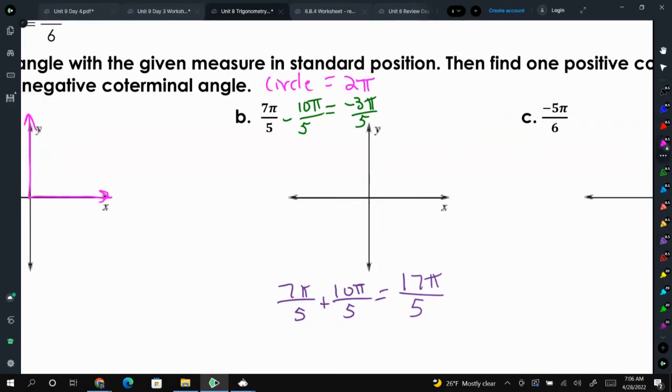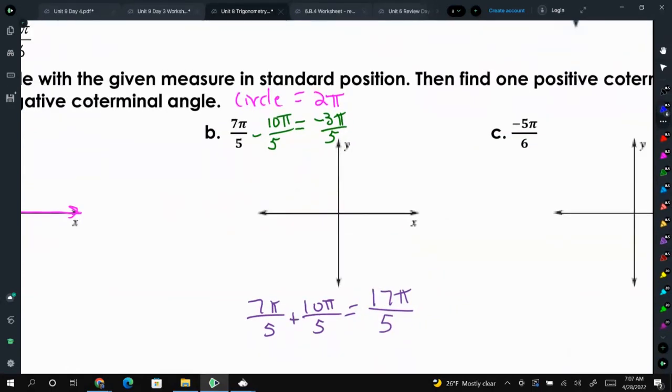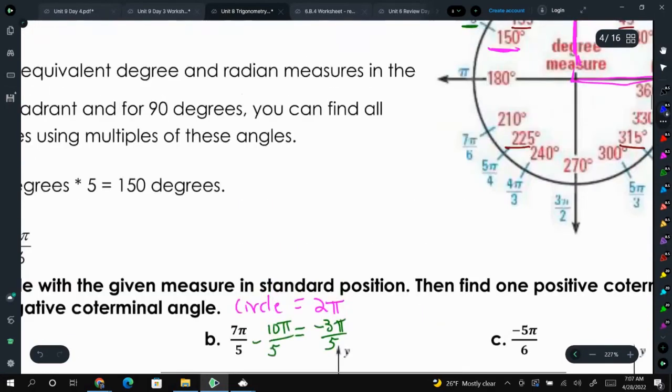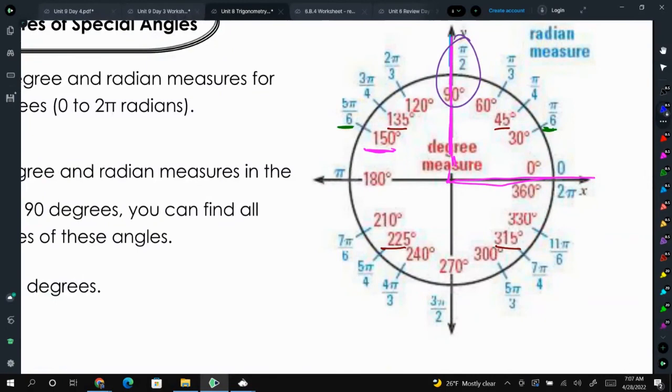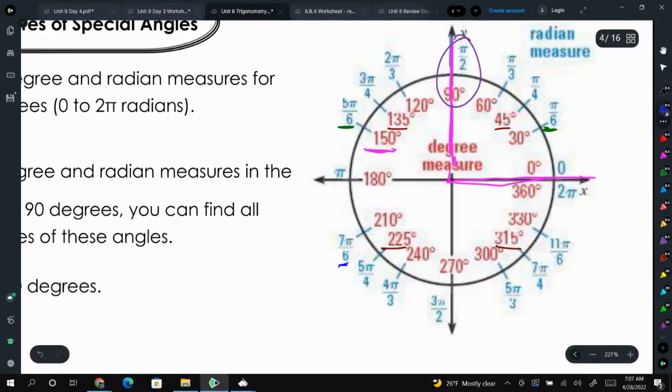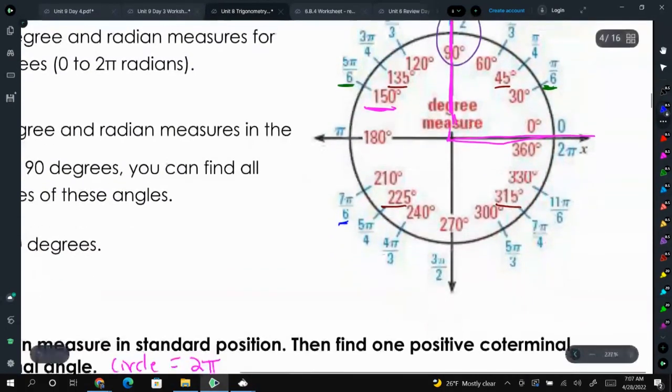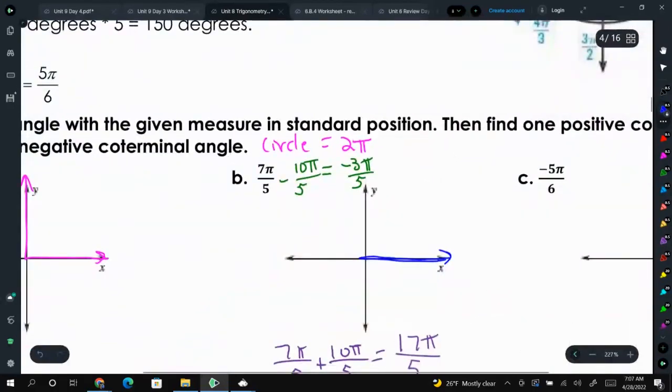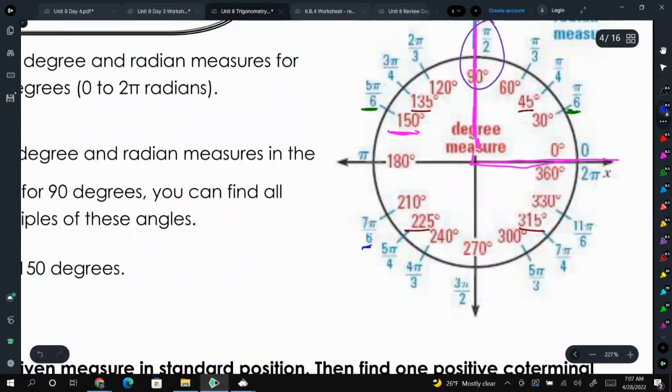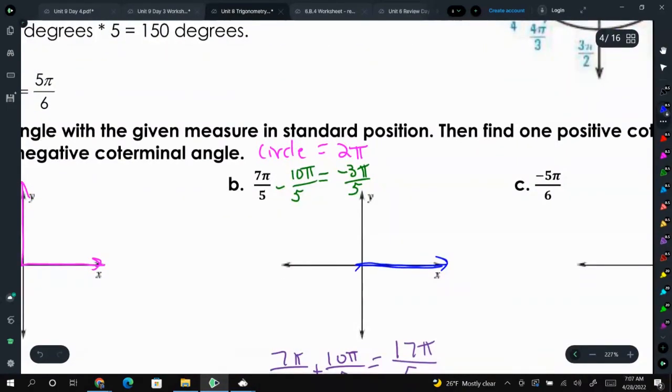So let's graph this now. To draw 7 pi over 5, we're going to estimate where that is if we can, because 7 pi over 5 isn't one of our values here, but 7 pi over 6 is, and that's about 210 degrees, and we know 7 pi over 5 is bigger than pi, so it's got to be a little bit more than 180 degrees.